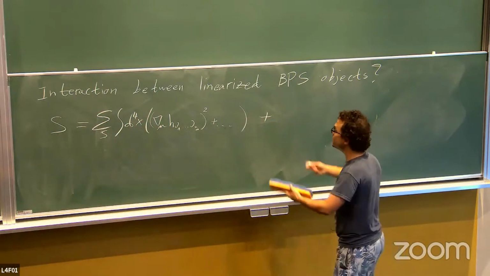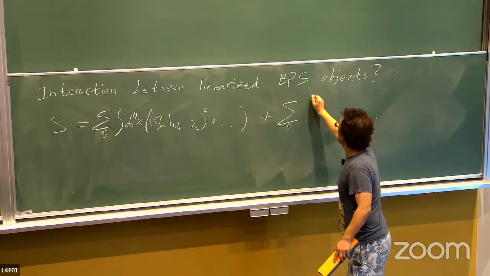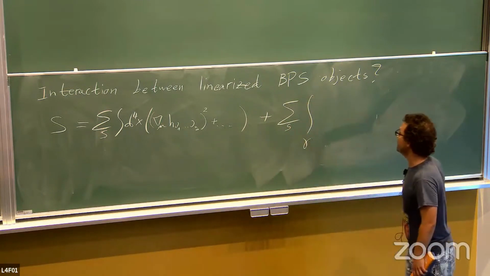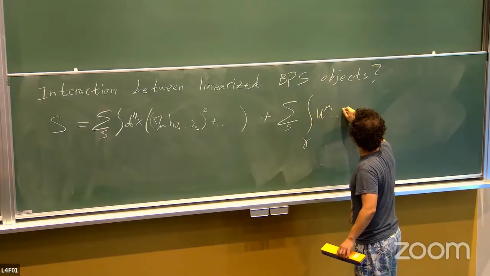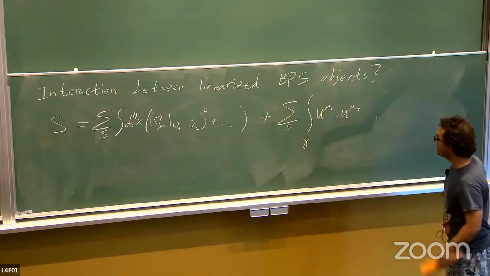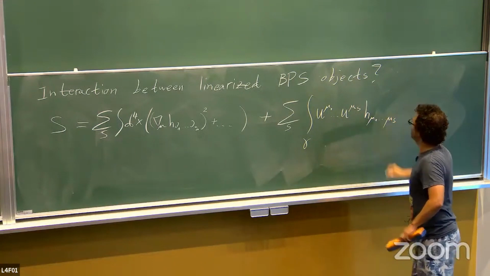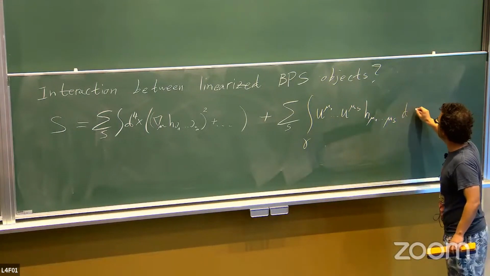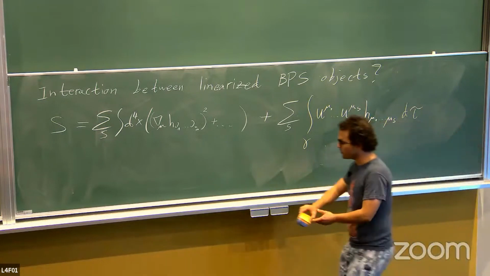And to this, we can couple a point particle source, where there is an integral along the particle world line with s factors of the velocity, for spin s, multiplying the spin s potential and integrated along the world line.